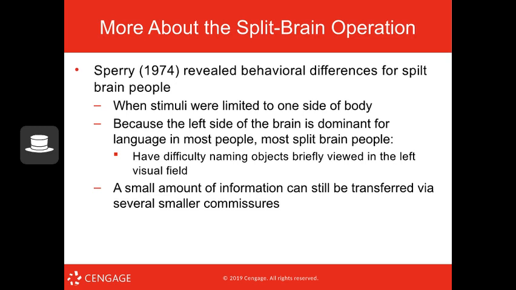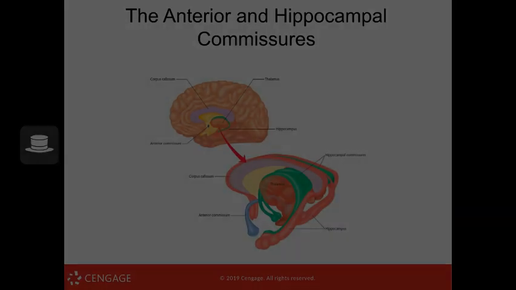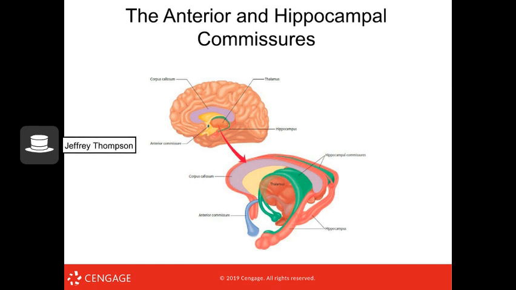So if that is lost, then a lot of that communication is going to be lost. So in addition to our corpus callosum, we have the anterior commissure here, and we have our hippocampal commissures right there.